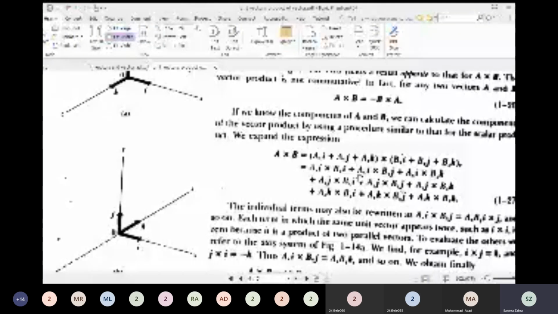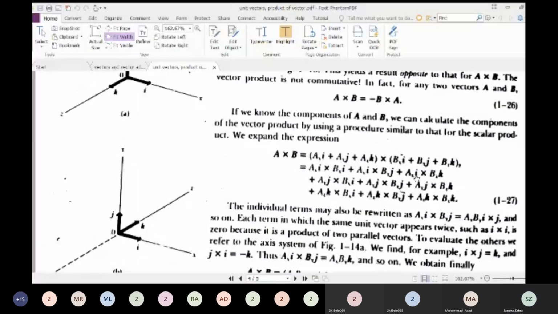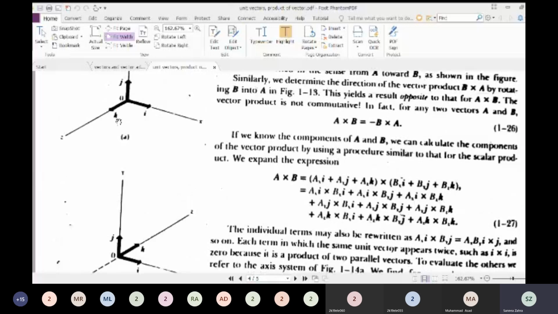Now what will it become? AXI cross BYJ. Here, I and J will give us the unit vector K. Then AX and BZ, I cross K, will give us the unit vector negative J.